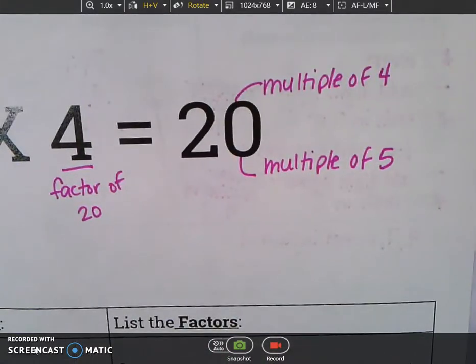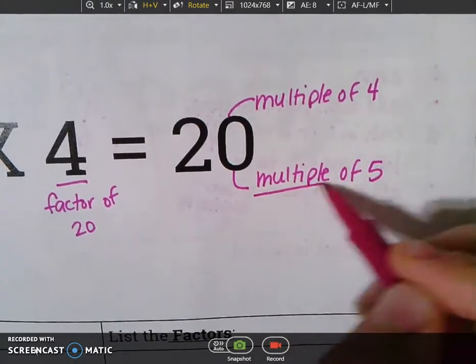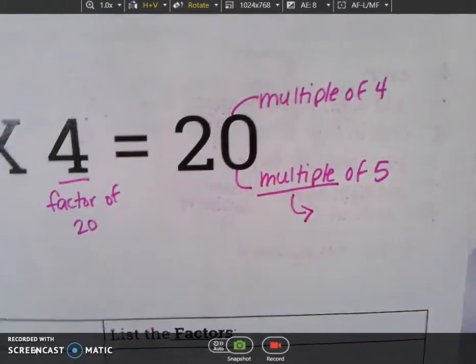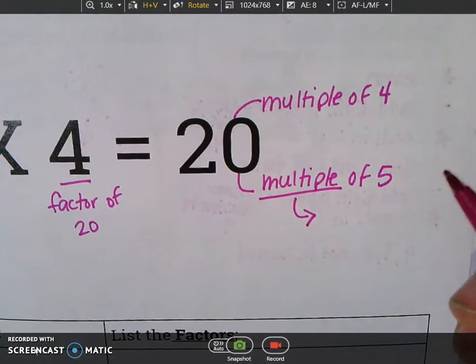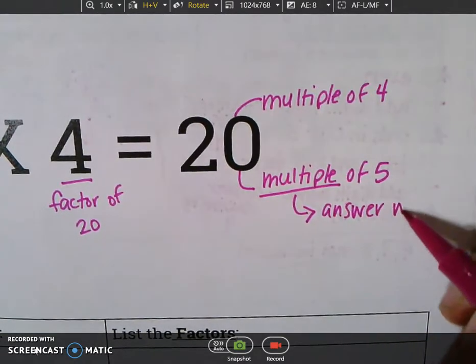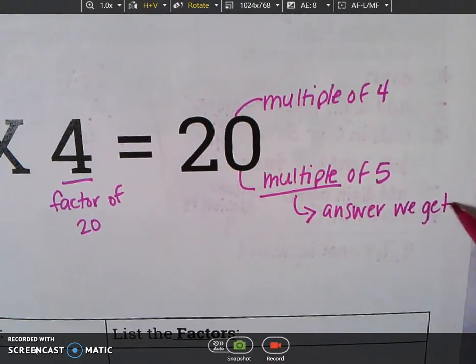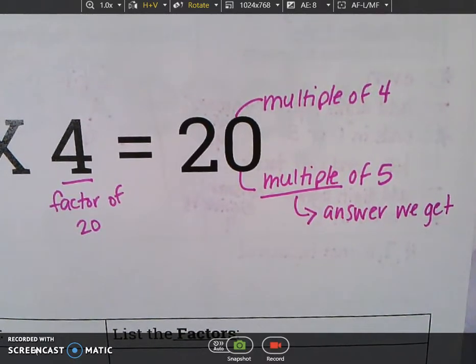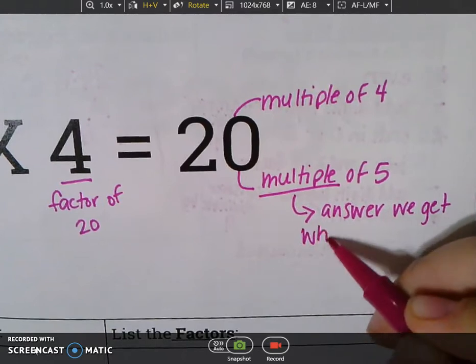So a multiple would be an answer that we get when two numbers are multiplied together.